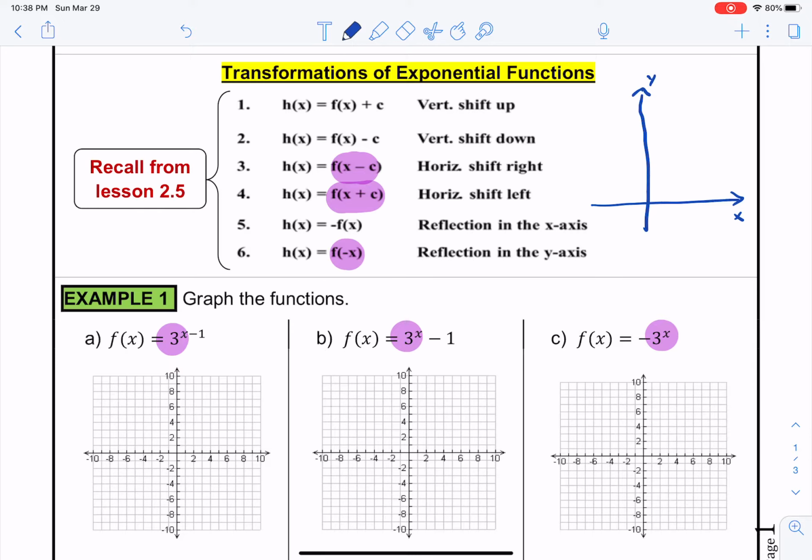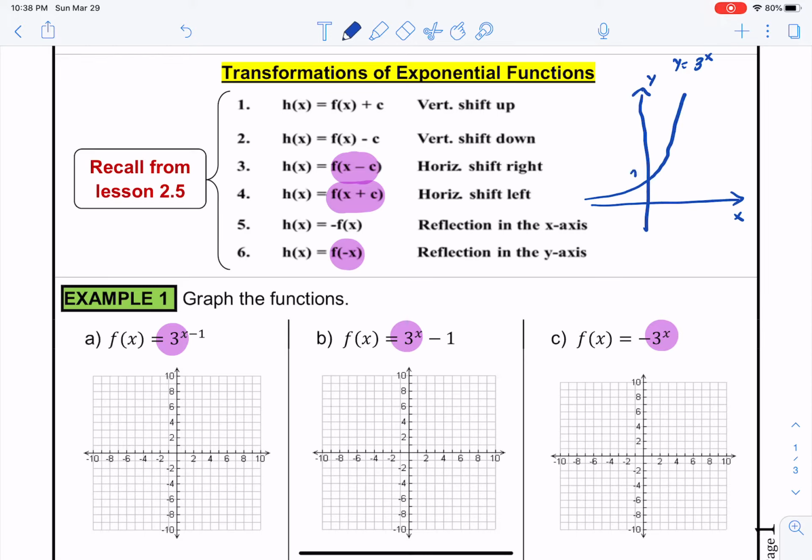And since b is 3 in our case, it is going to grow. The reason being the value of b is greater than 1. So the function is going to go up like that.